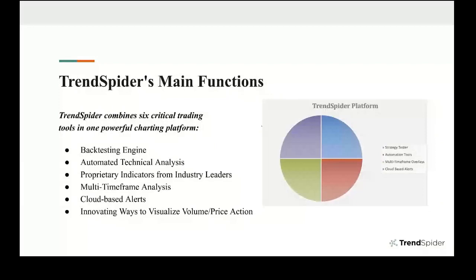We do that through these main functions. There's a ton of different things you can do with the platform, and we'll be touching on all of these today. We have the ability to automate technical analysis, anywhere from trend lines to fib levels, and overlay multiple time frames. For example, if you want to look at the daily price action but see how it's interacting with the weekly Bollinger Bands, you can do that without having to switch the chart or split charts.